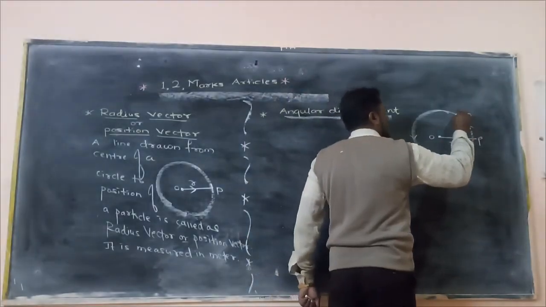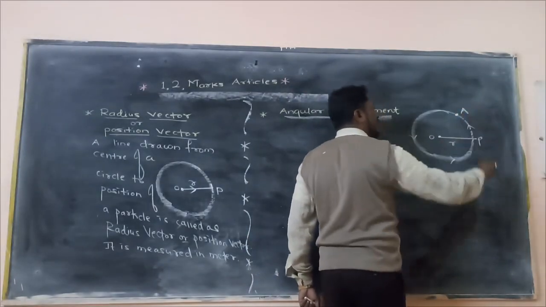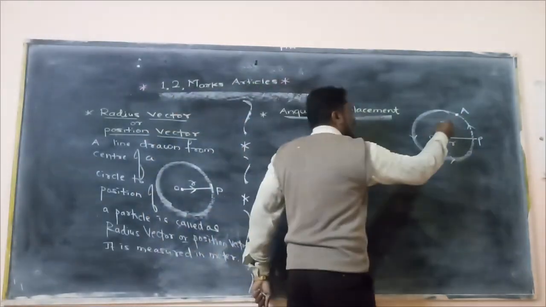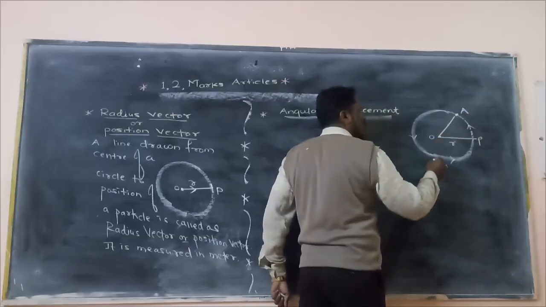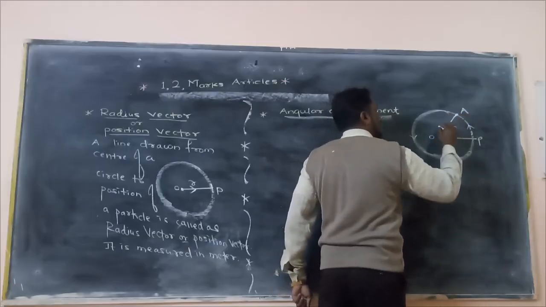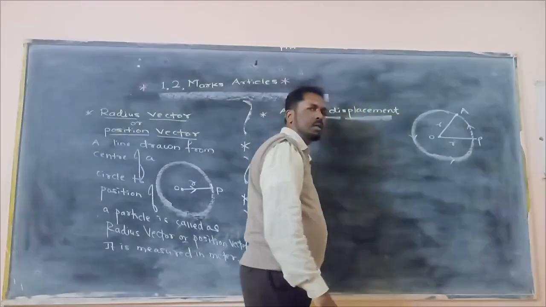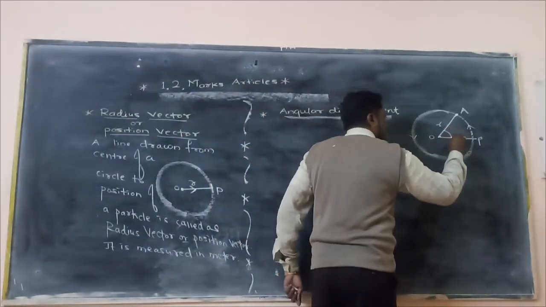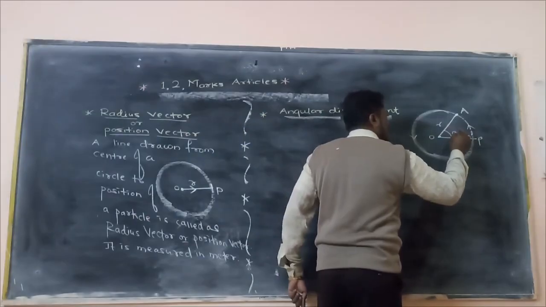After a certain time, point P reaches point A. So just join this. What about OA? This OA is again a radius, and it makes a certain angle theta.